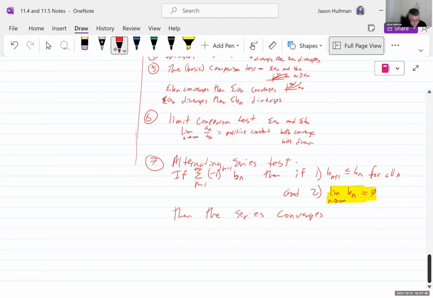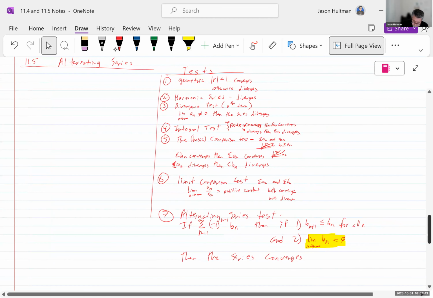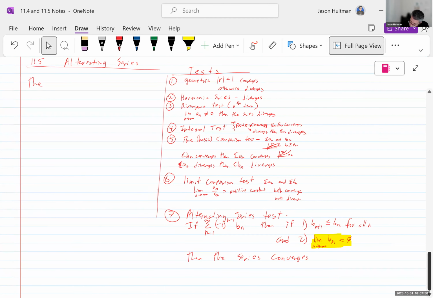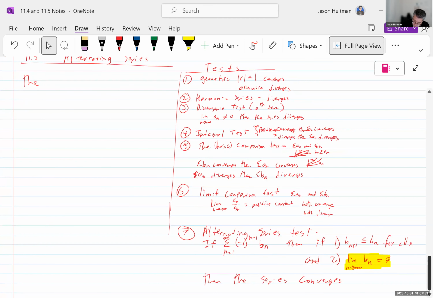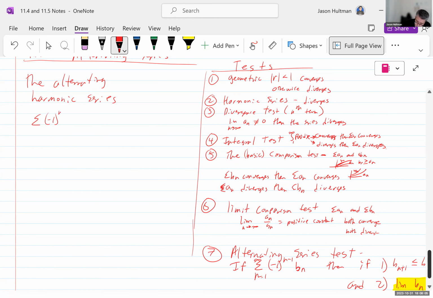Okay, so let's write that over here. The alternating harmonic series, which is the sum of (-1)^(n-1) times 1 over n, n equals 1 to infinity.